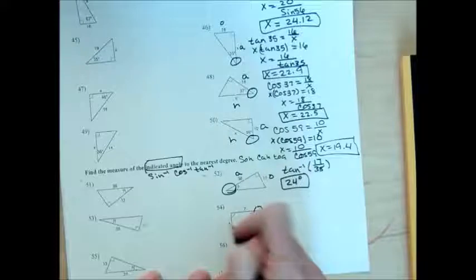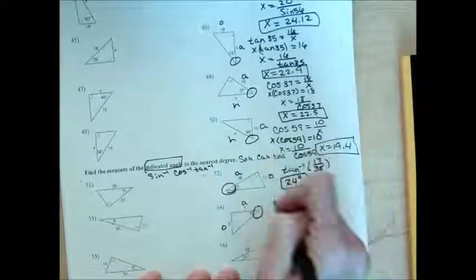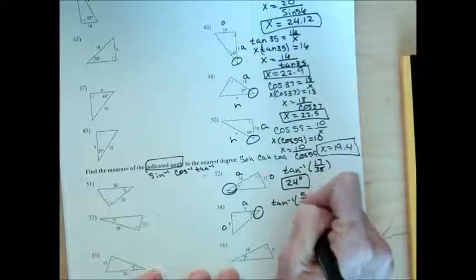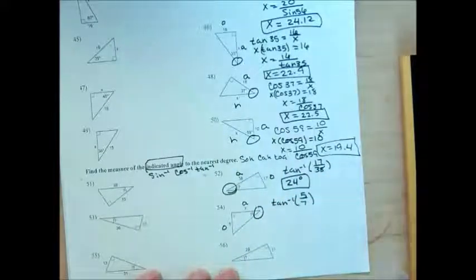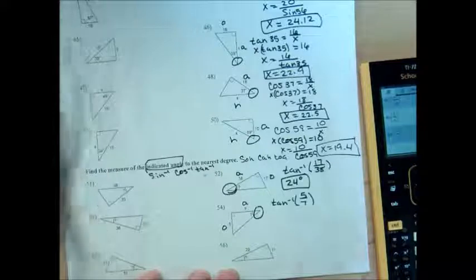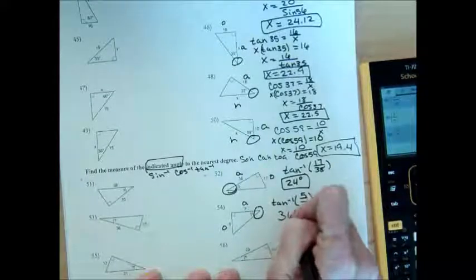Circle my angle. 5 is opposite, 7 is adjacent. Opposite and adjacent is tangent. So again, it's tangent inverse of opposite over adjacent. Oh, I used tangent instead of tangent inverse. I'm like, wait, that's not right. 36 degrees.